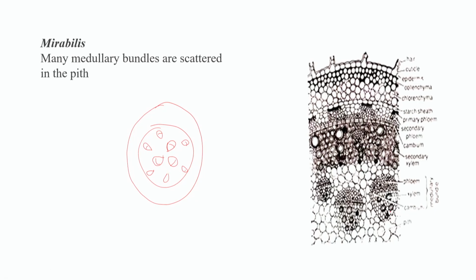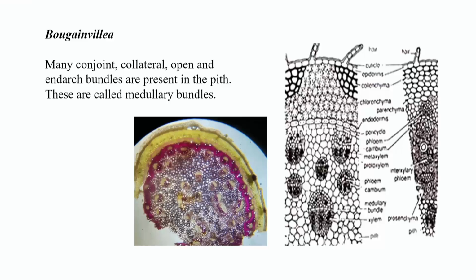In the cellular diagram you can see collenchymatous hypodermis, then chlorenchymatous parenchyma in the cortex, then starch sheath, pericycle, secondary phloem, secondary xylem, and these are the medullary bundles, because the outermost vascular bundles will behave and give rise to secondary tissues.